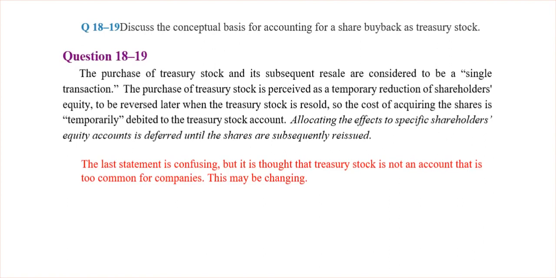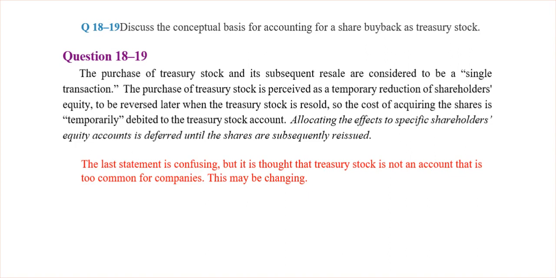What is the conceptual basis for accounting for a share buyback as treasury stock? The explanation from your textbook is that the purchase of treasury stock and its subsequent resale are considered to be a single transaction, and this is to be considered separate from the original issuance. And even if it goes out there, then we are really just removing that treasury stock account.